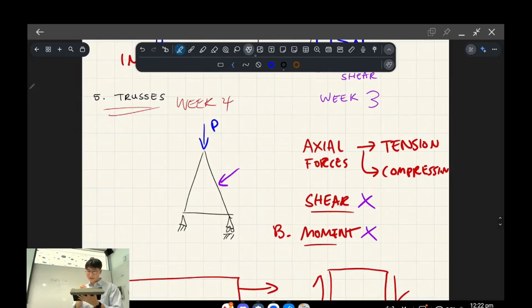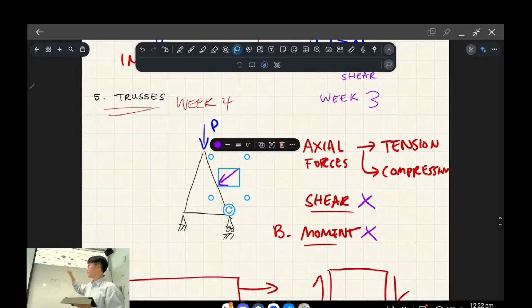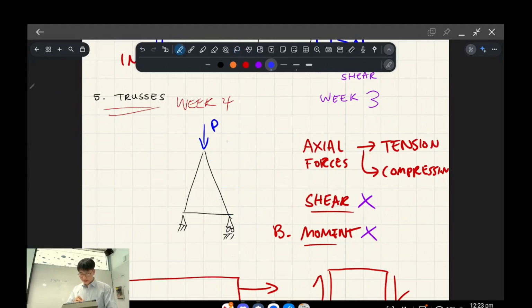If I ever have a force being applied halfway along a member, like pushing my finger onto a ruler halfway, it's going to be taking shear and bending now. It's not taking axial only. Does that make sense? Okay, so that's one thing about trusses.